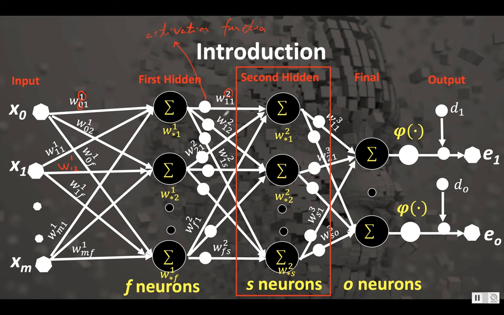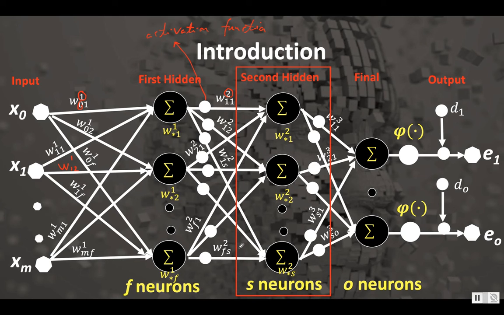Similarly, you can get this one, which is multiplied with W212. The superscript 2 means it goes to the second hidden layer, and this 1 means it comes from the first neuron of the first hidden layer. The 2 means it goes to the second neuron in the second hidden layer.